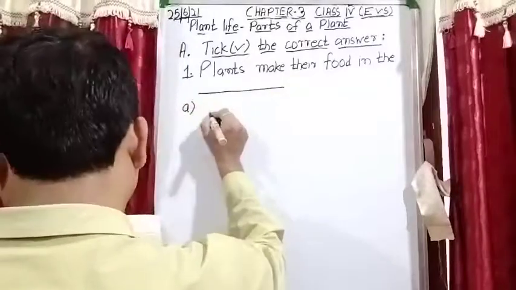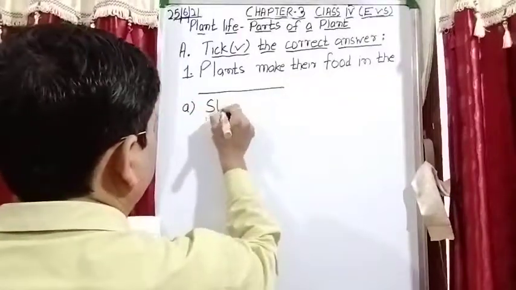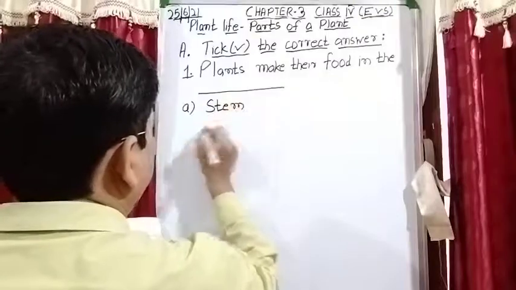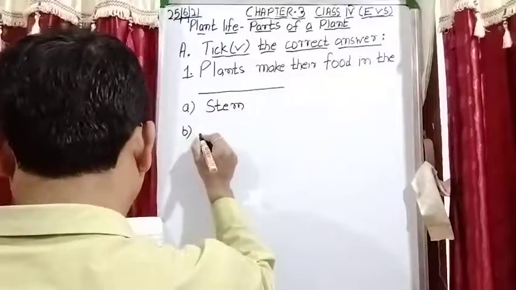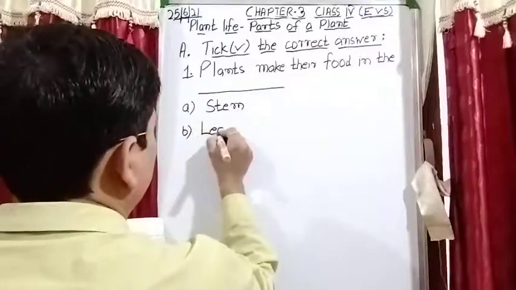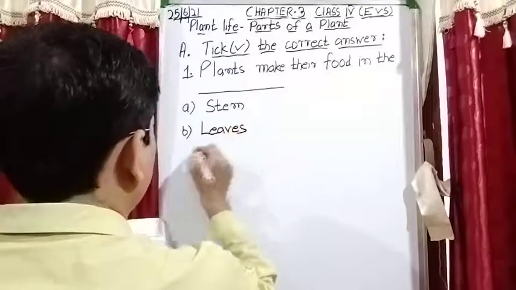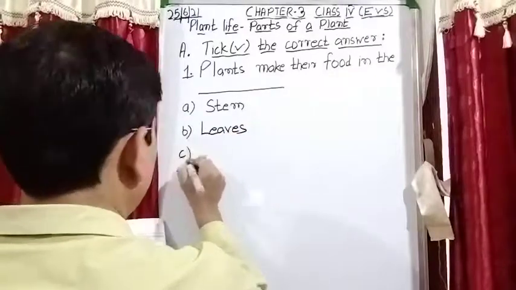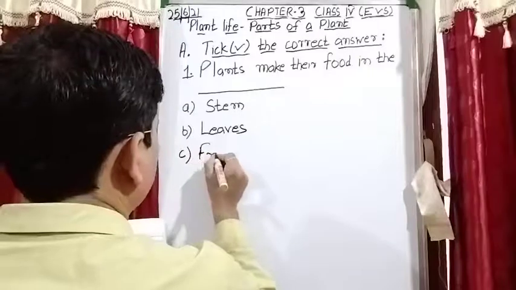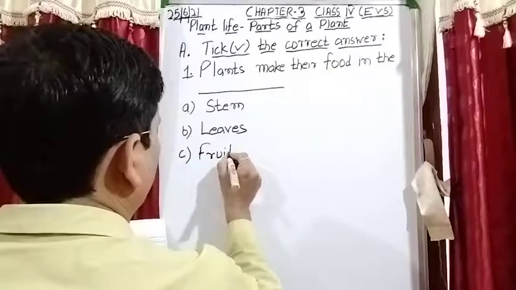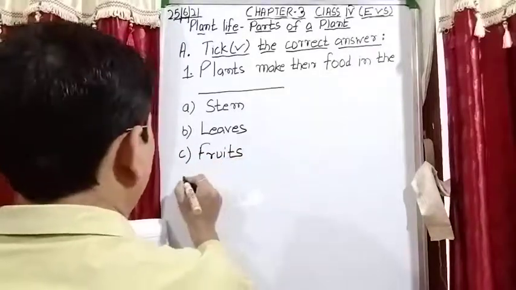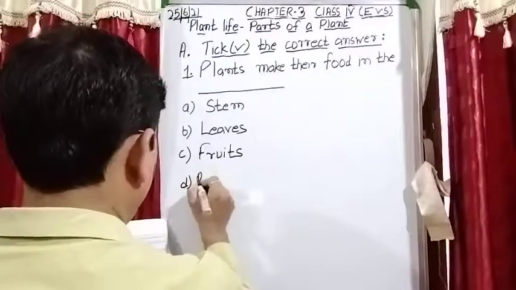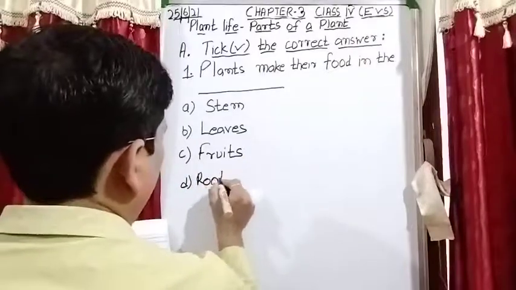The options are: option A, stem; option B, leaves; option C, fruits; and option D, root.